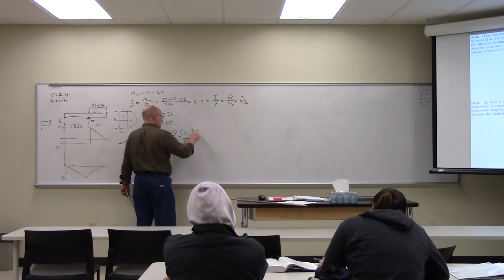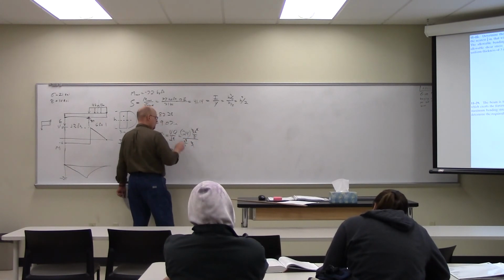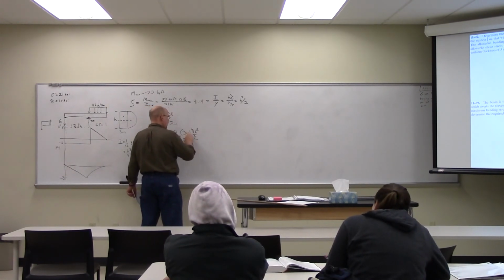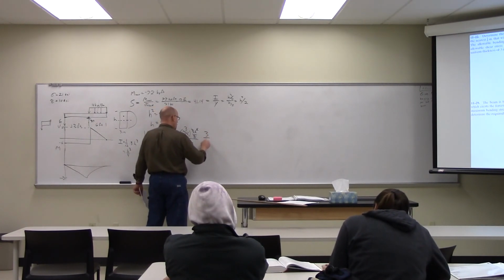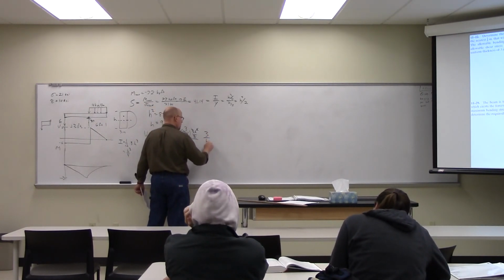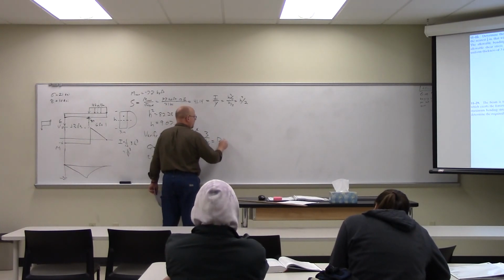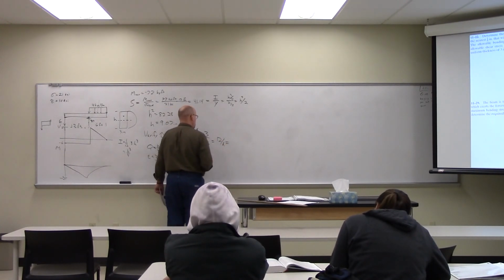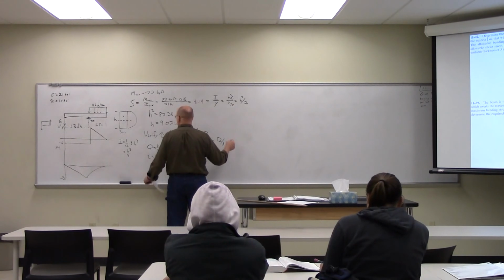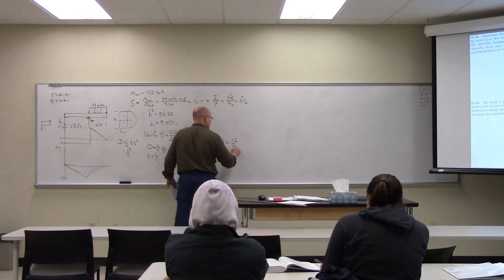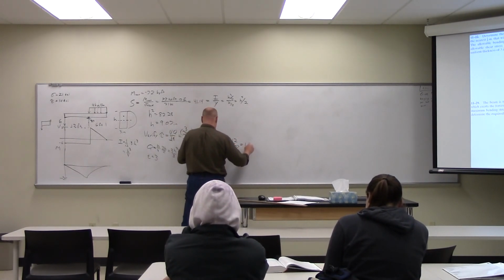The h squareds cancel out with h over 4, so that becomes 3. So I've got 3 over h over 4, that's 12 over h, in kips per square inch, everything else is in inches. So it's 12 over 9.07, so 1.315 KSI.